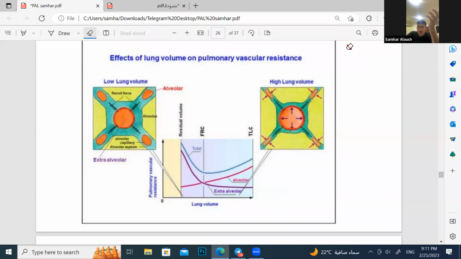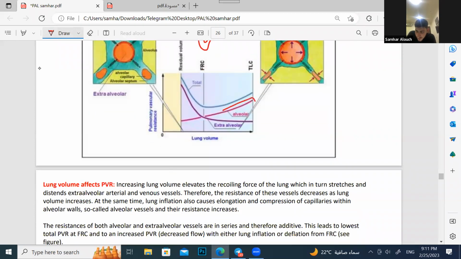FRC is when you exhale normally. Now I exhale normally, and I have a small amount of air in my lung. Now I inhale. Let me orient you a little. This pink is the alveolar capillary resistance. The purple is the extrapulmonary vessels, and here is the total resistance of both of them.